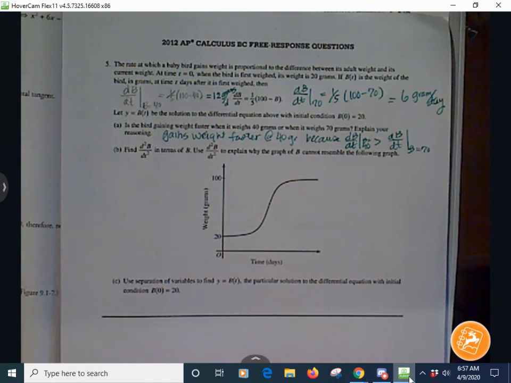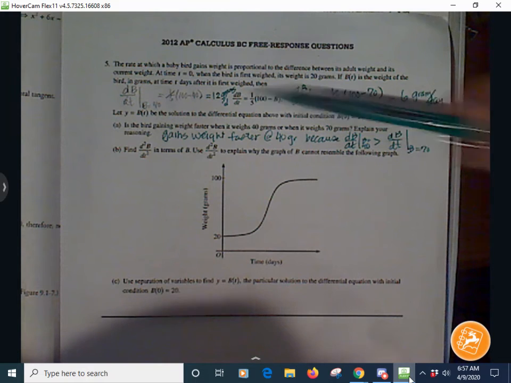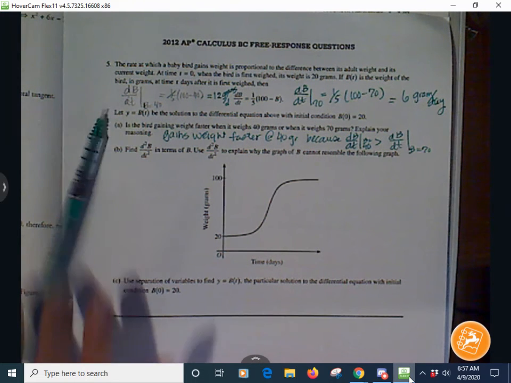Or you can just write that it's 12 grams, it's gaining 12 grams, which is faster than 6 grams per day.